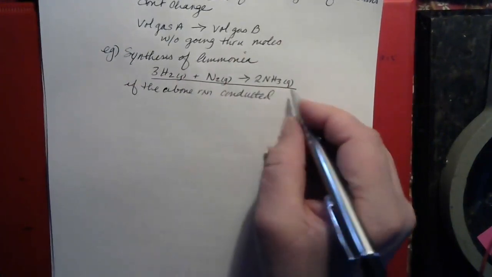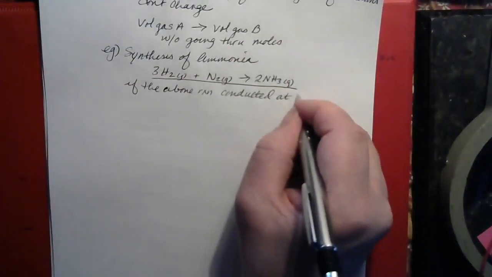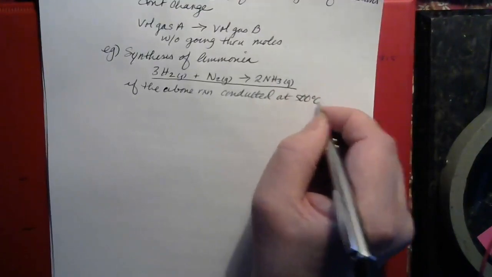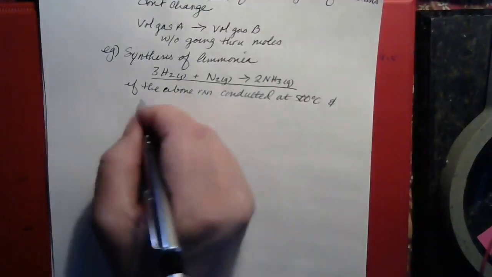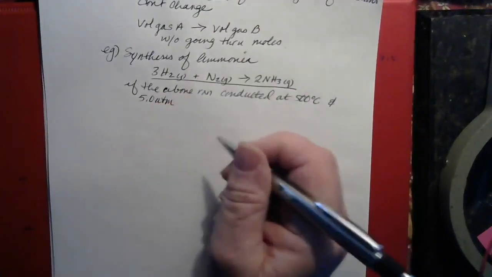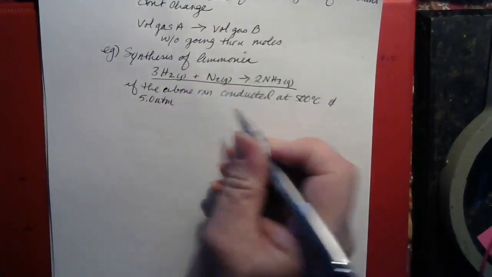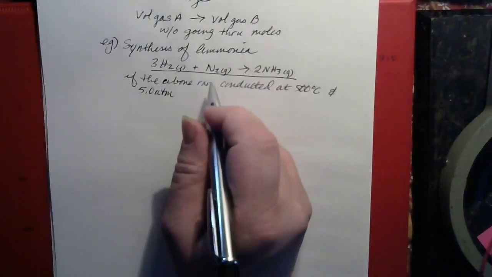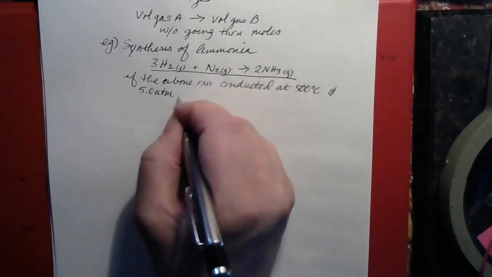So if you were to conduct this reaction at 500 degrees Celsius and 5 atmospheres pressure, and it really does need high temperature and high pressure in order to go at a reasonable rate of speed.